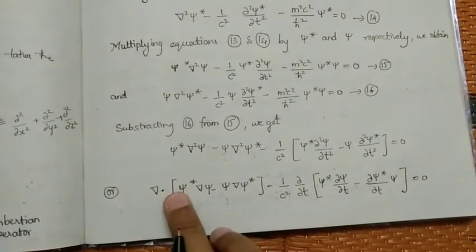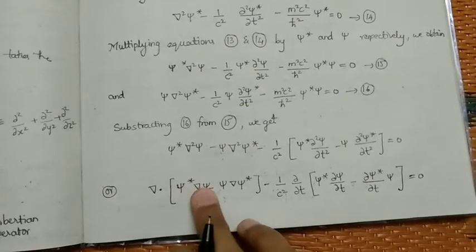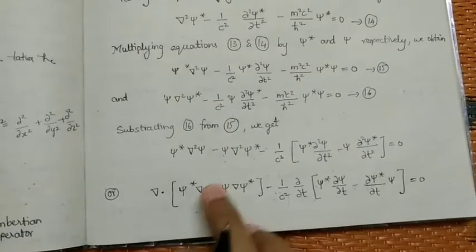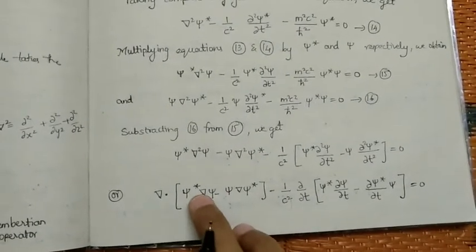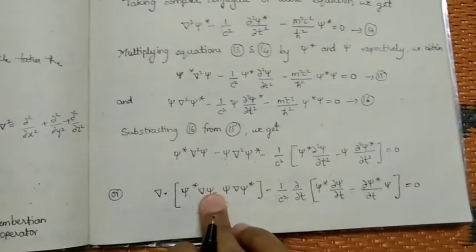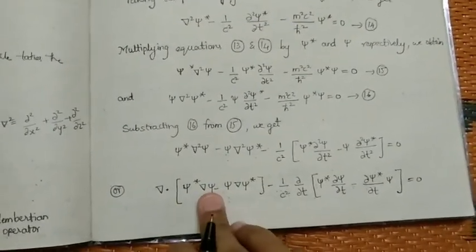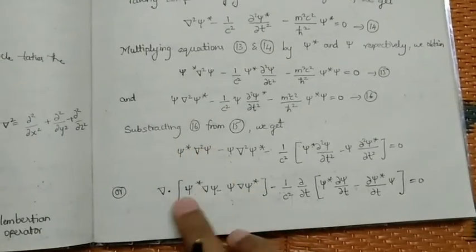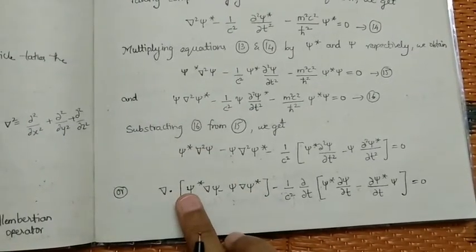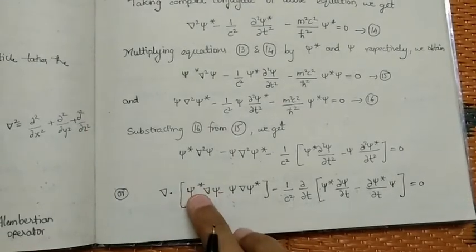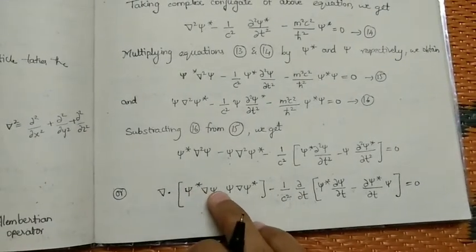Now if we apply the formula, we would get ∇ξ* · ∇ξ as the first term, plus ξ* ∇·∇ξ, that is nothing but ∇²ξ. So these two terms we get from the first term, ∇ξ*·∇ξ plus ξ*∇²ξ.